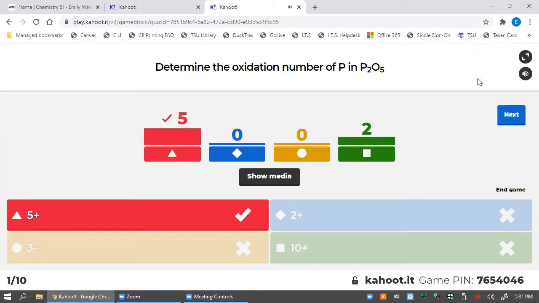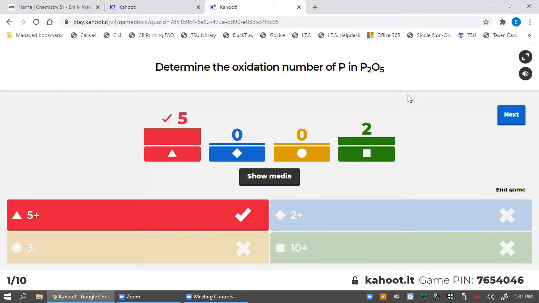Right, so why is it not positive 10? Because you divide it by 2, right? Because it wants to know the oxidation number for P, and we are given P2. So when you calculate, you're calculating for 2 Ps.